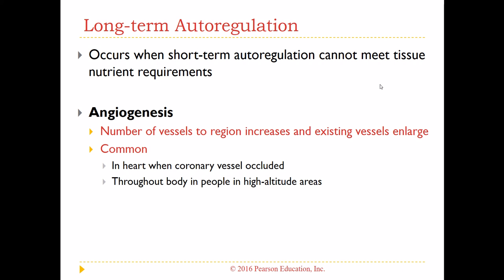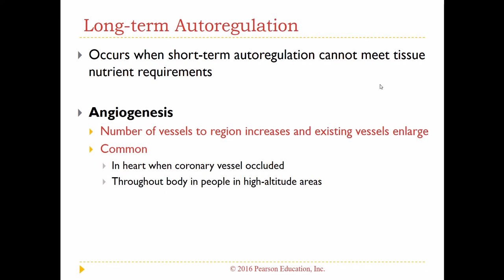Now, all of those things that I just discussed are really short term. Now, if you had chronically low tissue perfusion, if a tissue was consistently not getting enough blood and thus not getting enough oxygen and nutrients, that's a problem, right?